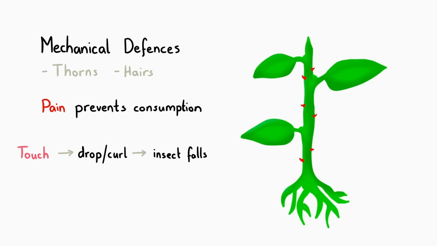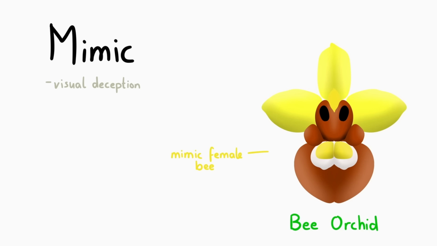This response allows them to prevent being eaten by knocking insects off themselves or moving away from threats. Some plants go even further with mimicry as a defense strategy. For example, the bee orchid, Ophrys apifera, has evolved flowers that closely resemble female bees in appearance and even produce similar scents.